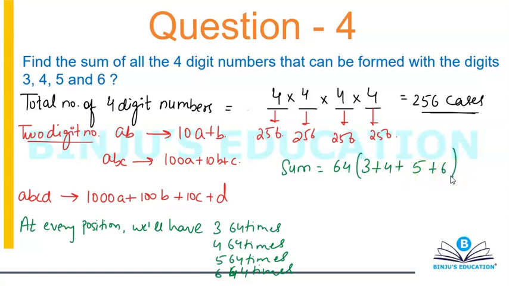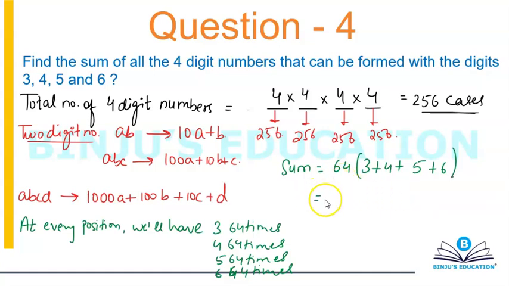Because the sum will be 3 into 64 plus 4 into 64 plus 5 into 64 plus 6 into 64. I'm talking about individual places. As of now, I have not even started calculating the sum of the 4-digit numbers. I'm only calculating the sum of the digits at every position.